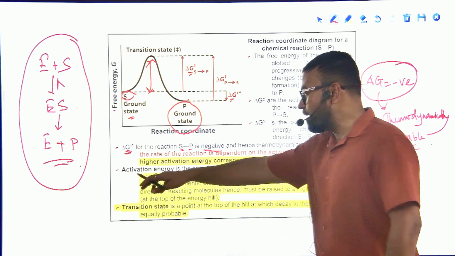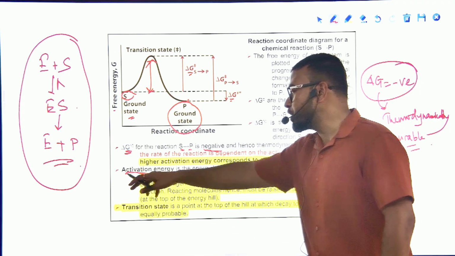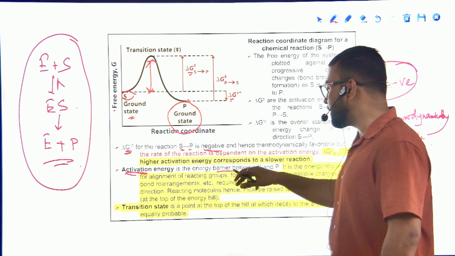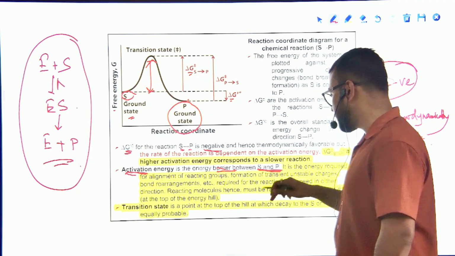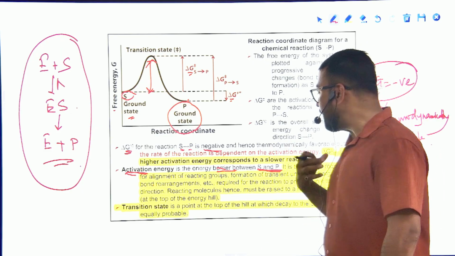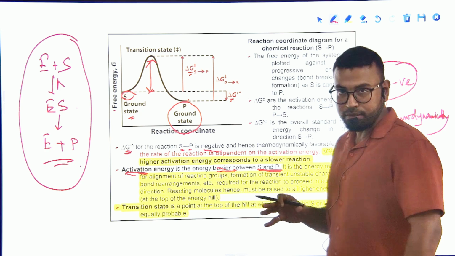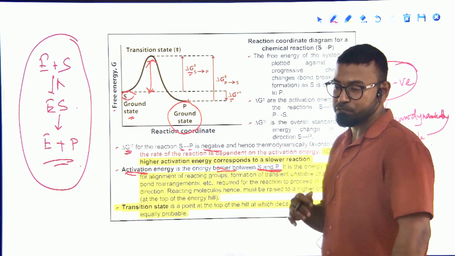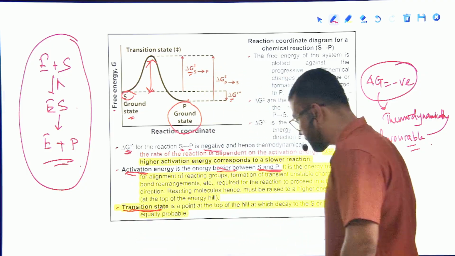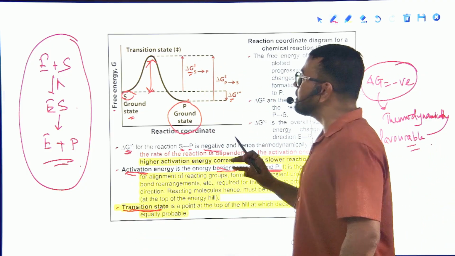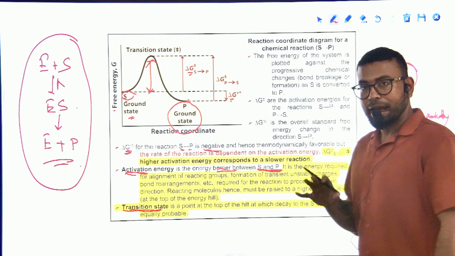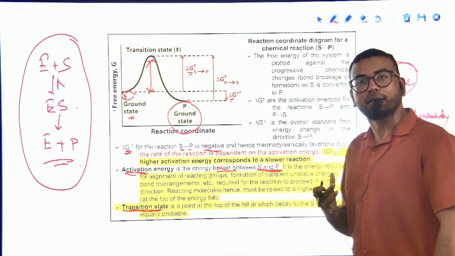From this, we have come across a term called activation energy. Activation energy is stated as a barrier between substrate and product. It's a barrier between the substrate and the product. So this activation energy is required for this kind of conversion from substrate to product. Now, what is transition state? Transition state means suppose a substrate is inactive and we are trying to convert it into a product.